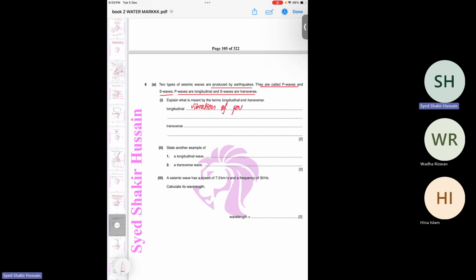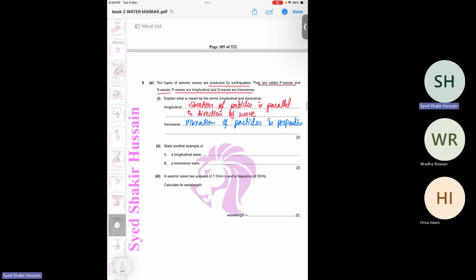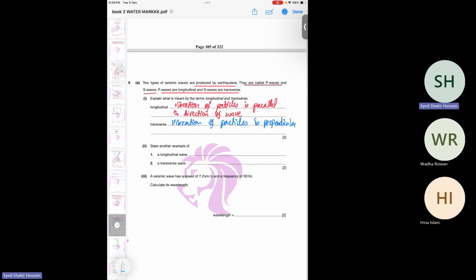While in transverse, vibration of particles is perpendicular to the direction of wave, right? Any problem, any confusion, beta?